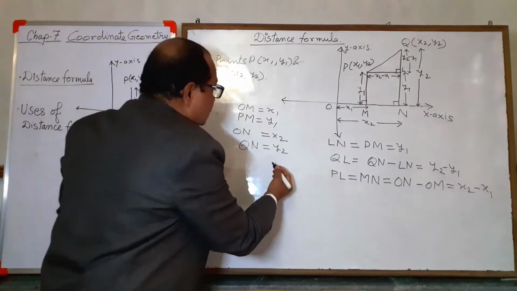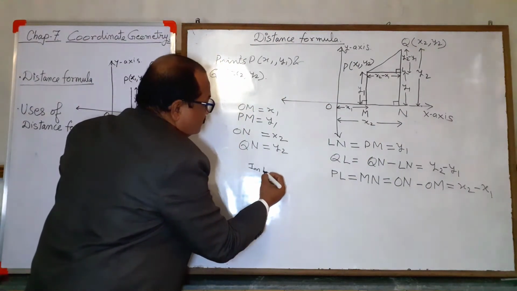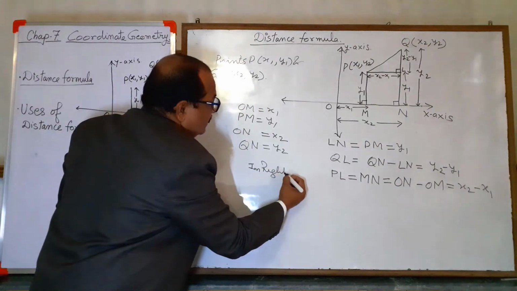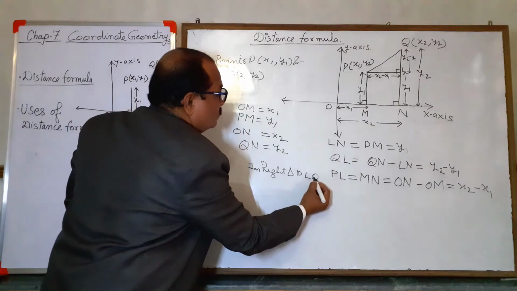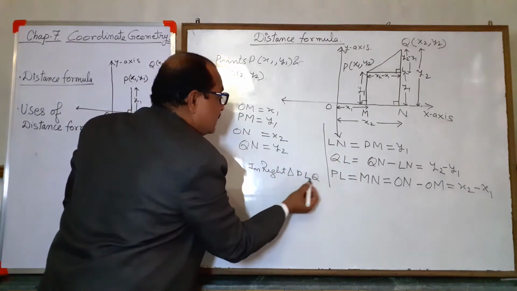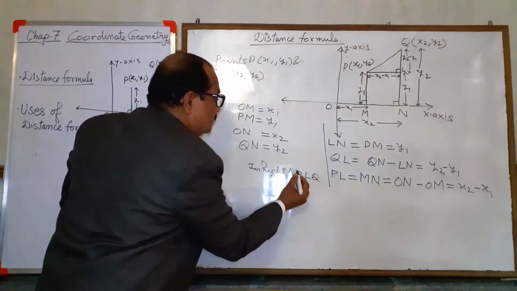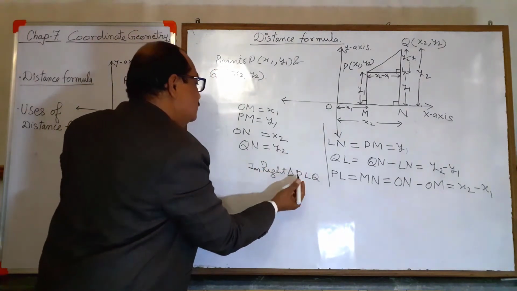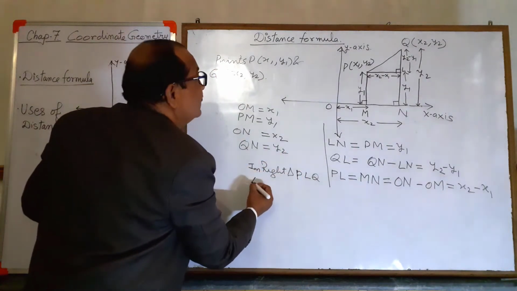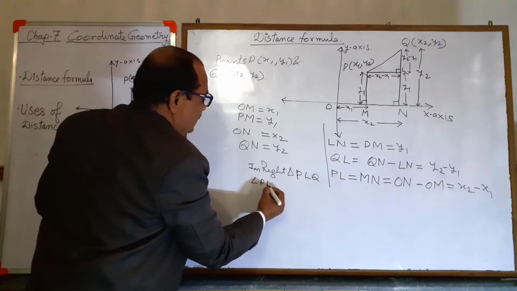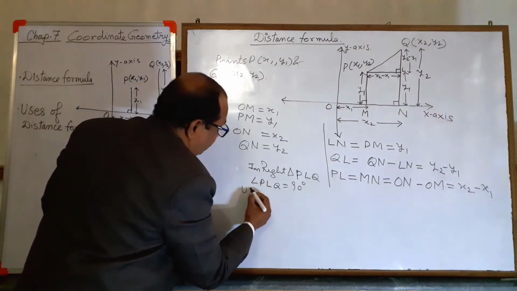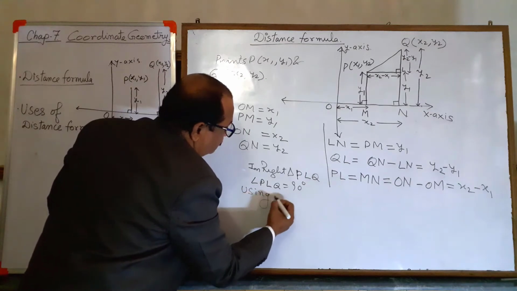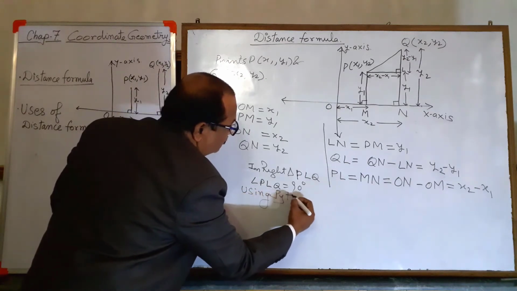You can see here in right triangle PLQ, angle PLQ is 90 degree. You can apply the Pythagoras theorem.